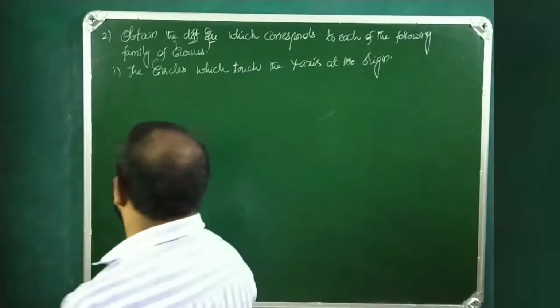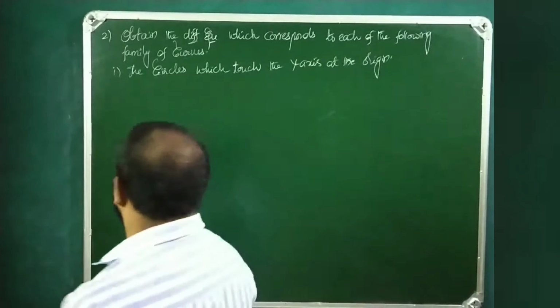Now, since the center lies on the x-axis, and this normal which is perpendicular to the tangent is the x-axis, any point on the x-axis has y coordinate 0. So minus g comma 0. Here f is 0, and c is obviously 0 because it is passing through the origin.